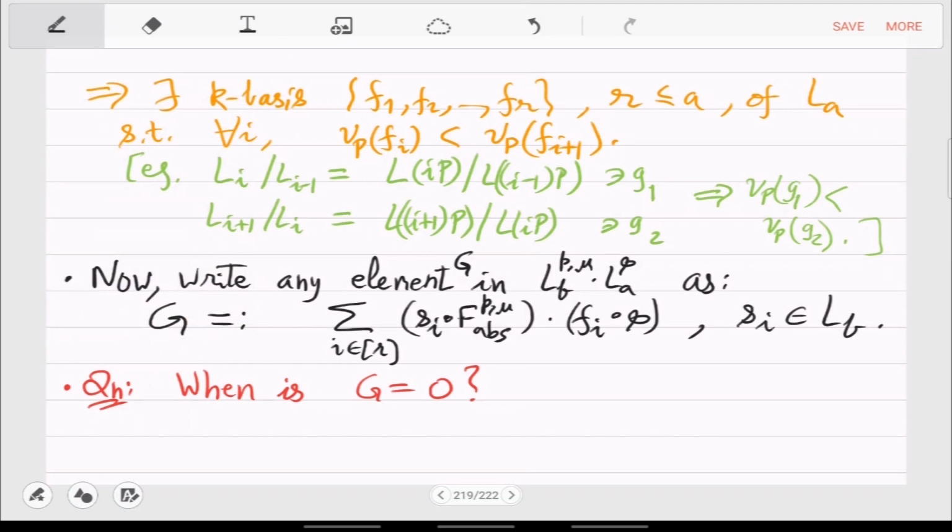So let's first say that SH is the first non-zero Si.